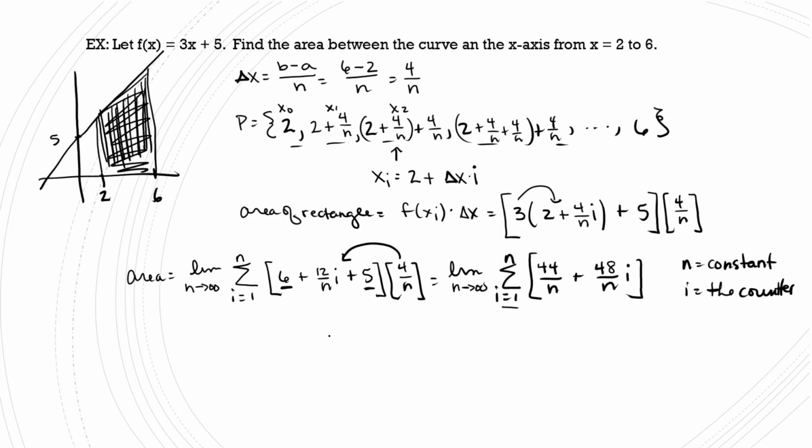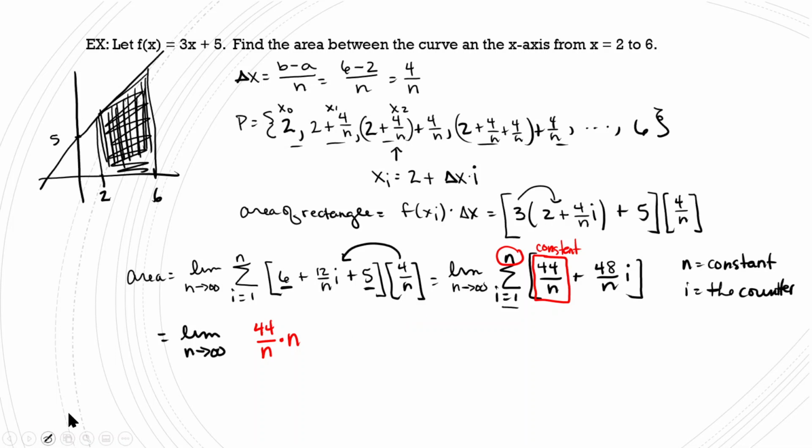Okay, so my properties tell me that this summation of the 44, that's a constant. So that is going to end up equaling just 44 over n as the constant times however many times I want to add that up.